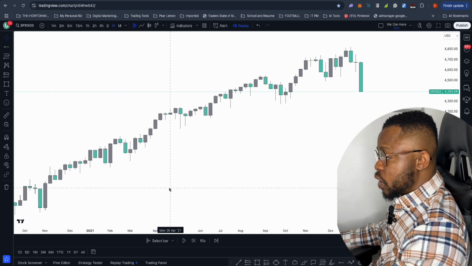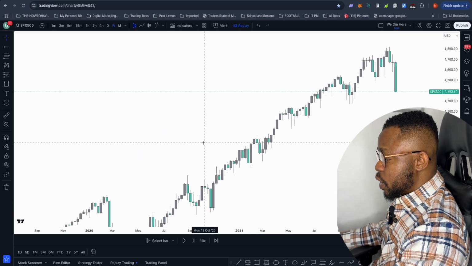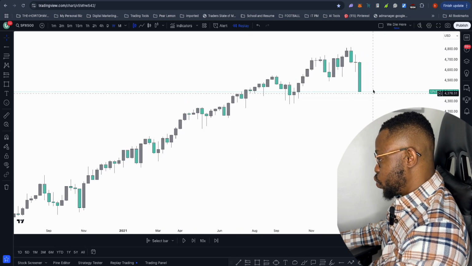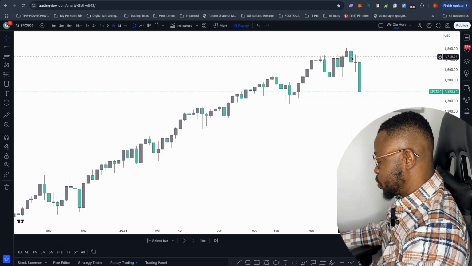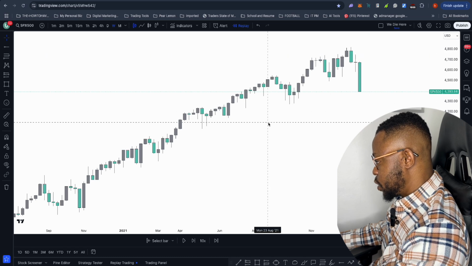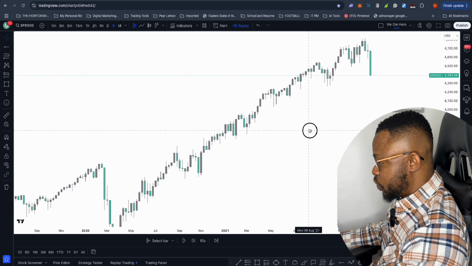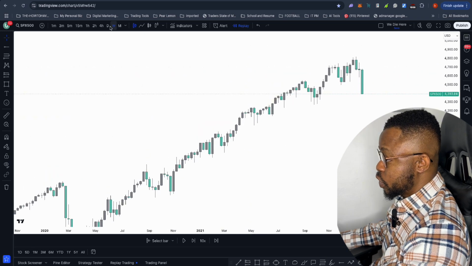So what we are looking at now, we're looking at an uptrend. On the weekly, it is clearly an uptrend. We are not focused on this because yes, we know price has dipped, but the overall play on the weekly time frame shows clearly that this is an uptrend.